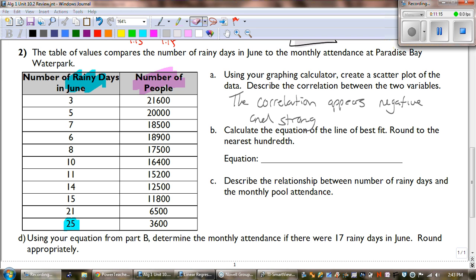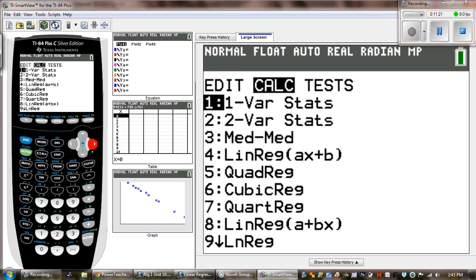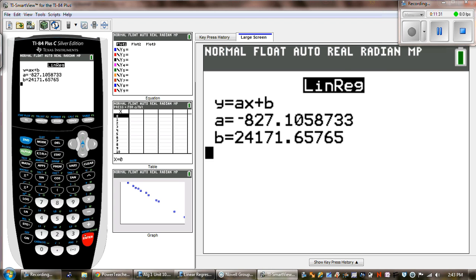So next part, calculating the equation. We're going to go to stat, calc, line reg, calculate. There we go. And we're going to, once again, round this to the nearest hundredth, the second decimal.